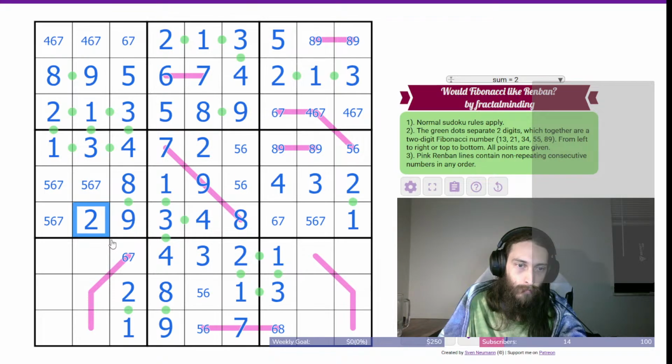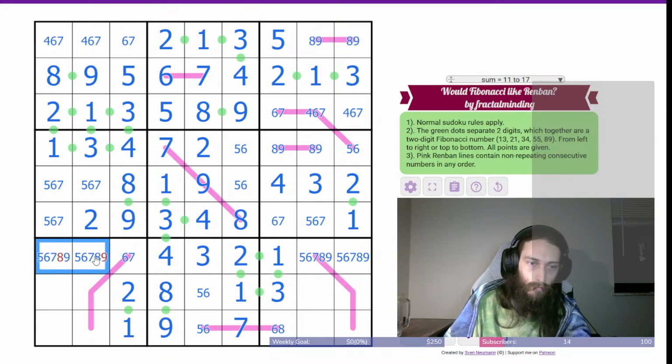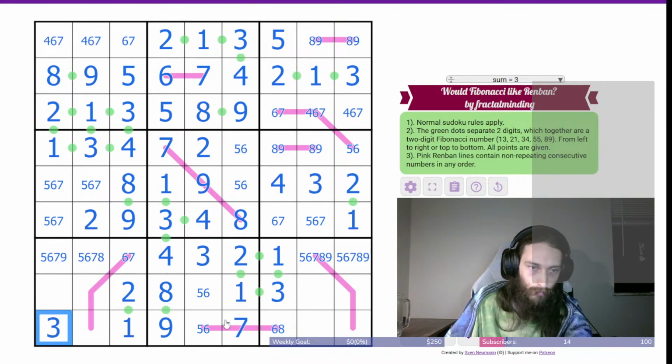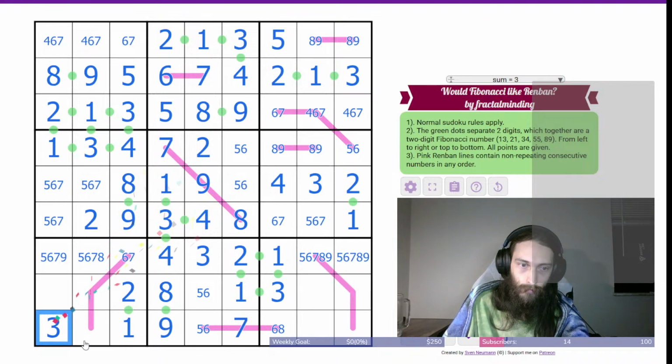Yeah. 3 can be placed in box 7. In the corner. Yeah.